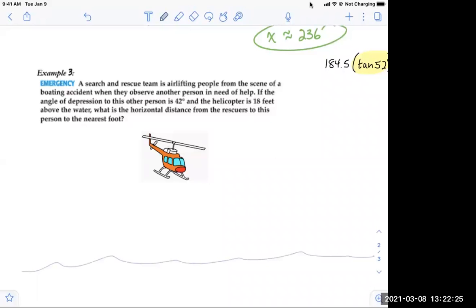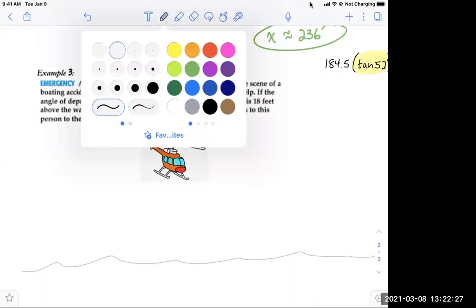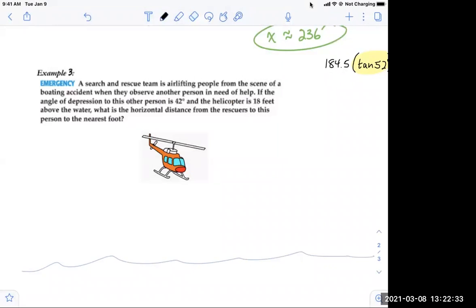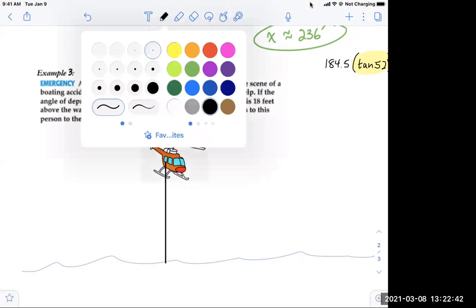And the search and rescue team, they're going to drop a rescuer directly below. So they're going to let out a line here and drop directly below where they're hovering. So there's going to be a person down here that they are rescuing.